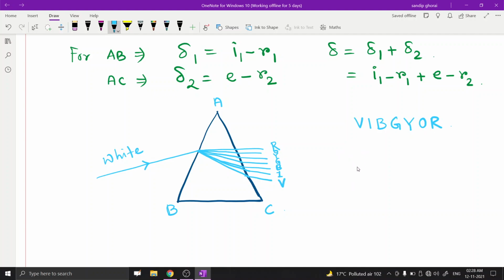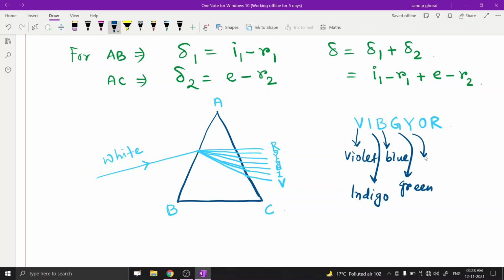V means violet, I means indigo, B means blue, G means green, Y means yellow, O means orange, R means red.